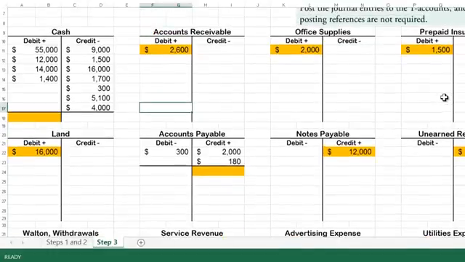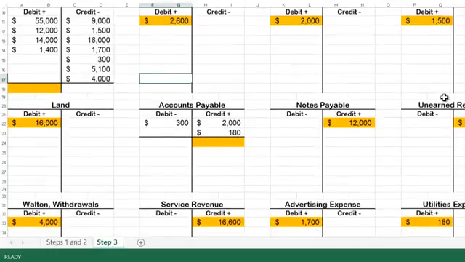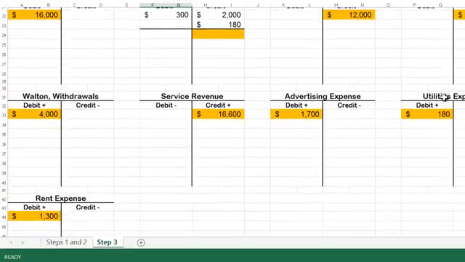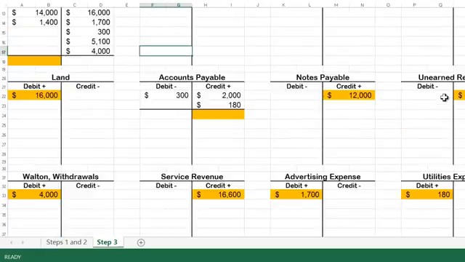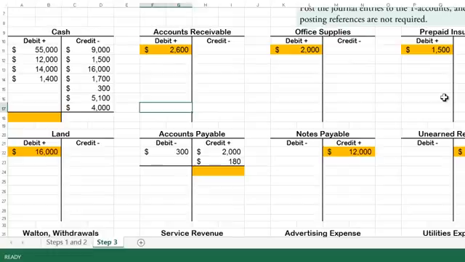So you can see that everywhere there's an orange balance is where the plus sign is. There is nothing here that doesn't have an orange box that has a plus sign in the appropriate area.